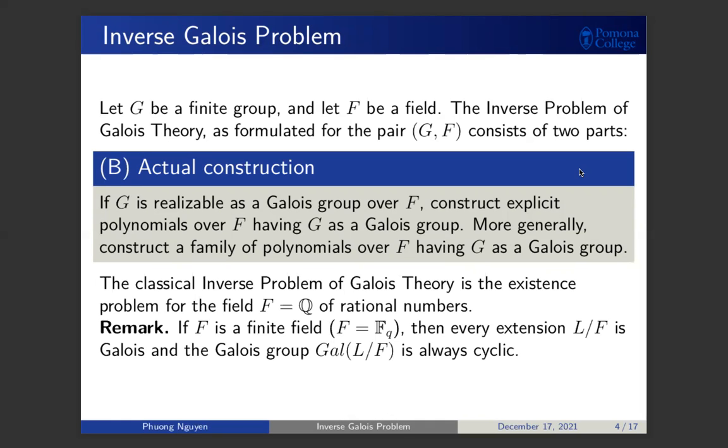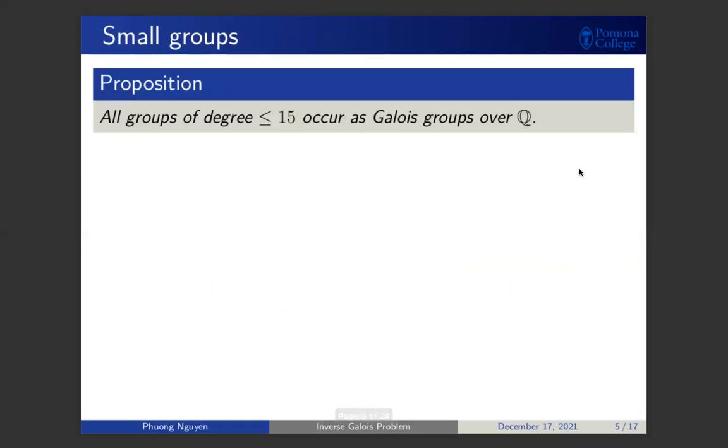Recall that we have learned and proven in class that if F is a finite field, or a field of q elements, for example, then every extension L over F is Galois, and the Galois group of L over F is always cyclic. Let's look a little bit at small groups.